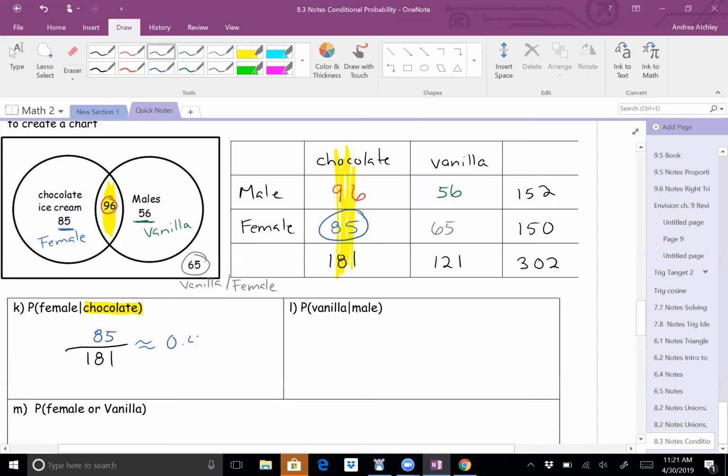That's 0.469. The 9 will make the 6 move up. So I move my decimal over twice, and I get 47%. Any questions over that?